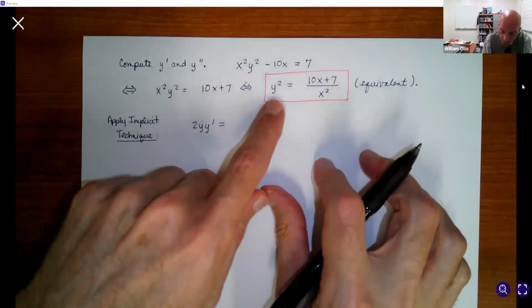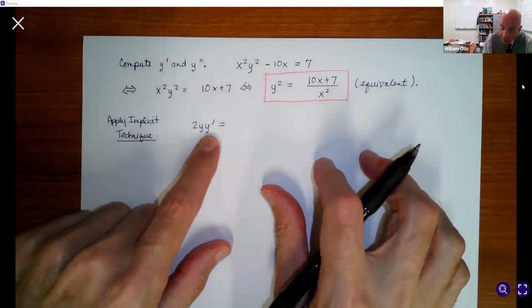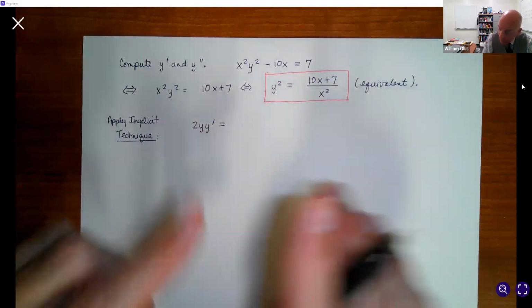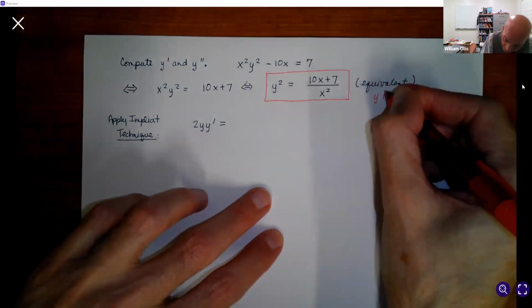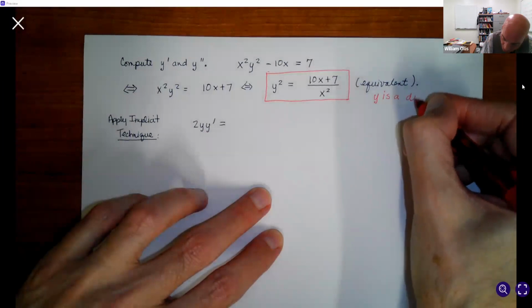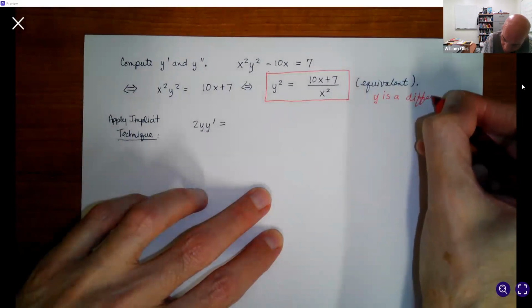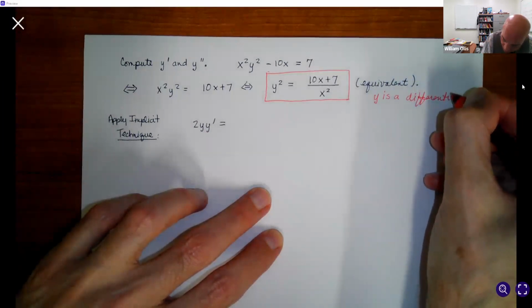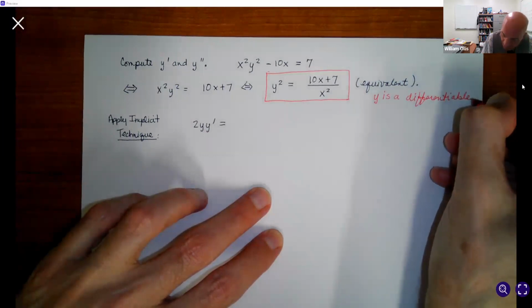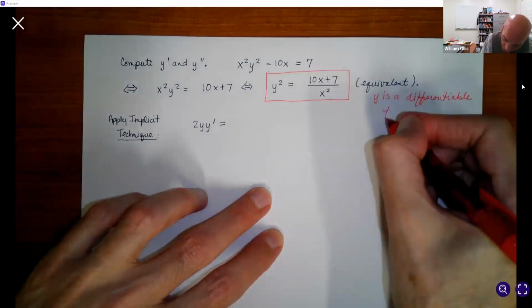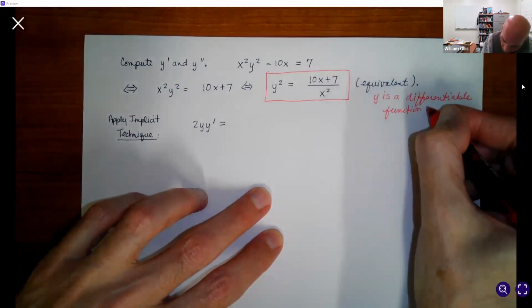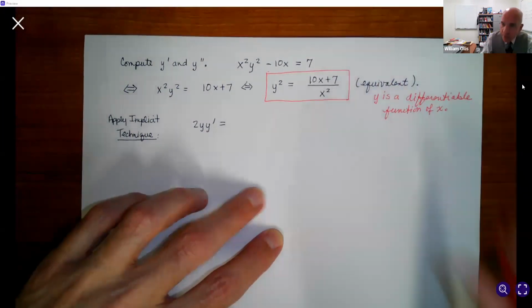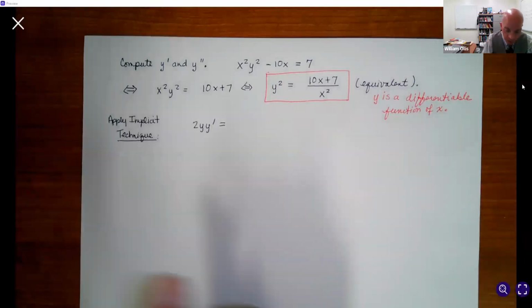So apply the chain rule, power rule with the y prime derivative of the inner function. Again, let me make that assumption: y is a differentiable function of x. So that's the premise behind what we're doing.